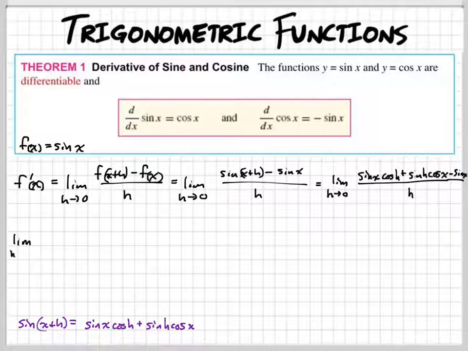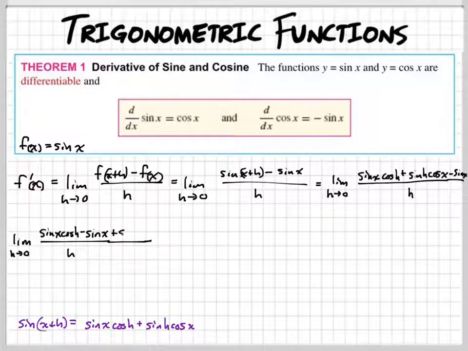We have the limit as h approaches 0 of sine of x with cosine of h next to the negative sine of x. Is that sine of x? Yeah. And then we have to add that other part, which is sine of h and cosine of x. So we're going to take this guy right here, and we're going to factor out sine of x.